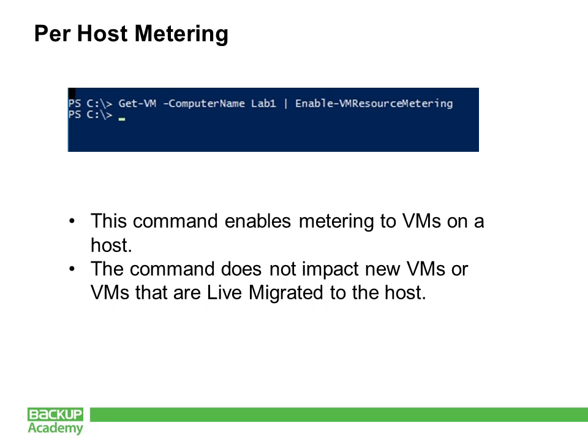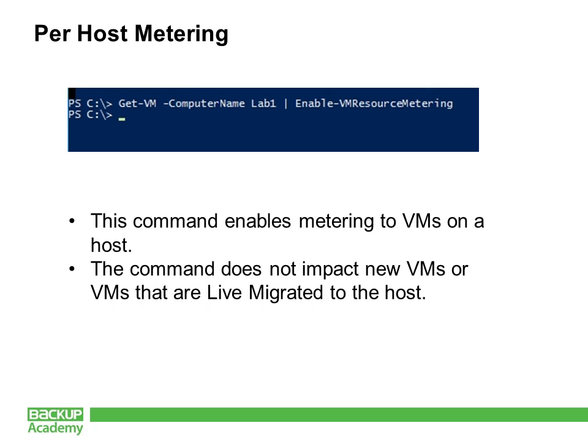Even though what we're doing is host level enabling of resource metering, we're not actually enabling it at the host, because, as I said before, resource metering is a per virtual machine level operation. So even though the slide says per host metering, and we are enabling metering for all of the virtual machines in the host, we are actually enabling it for the virtual machines themselves, not specifically for the host.